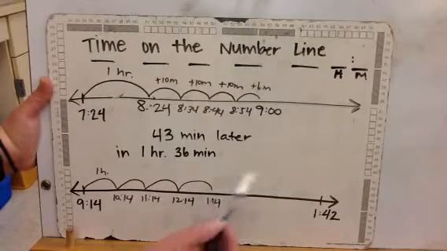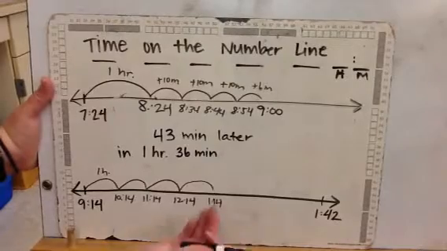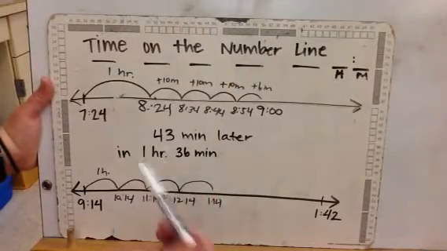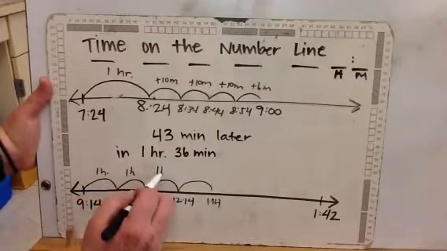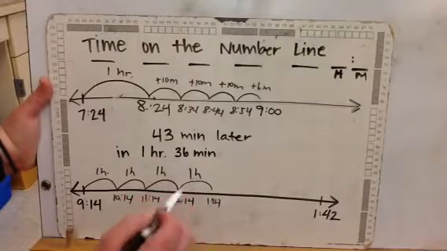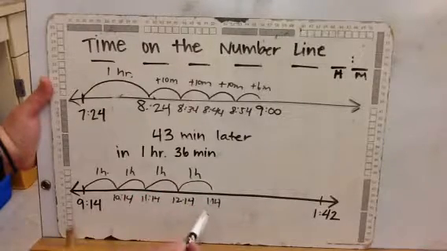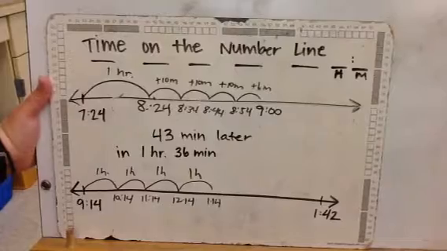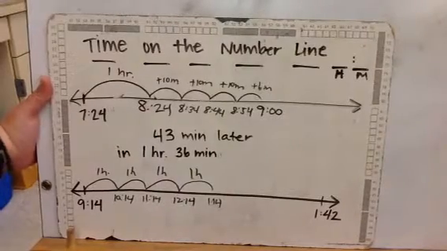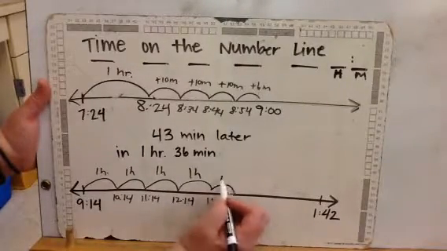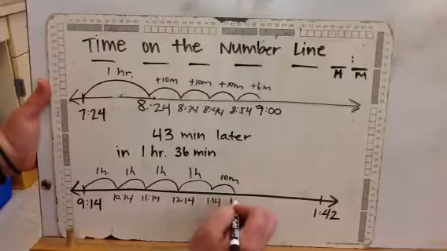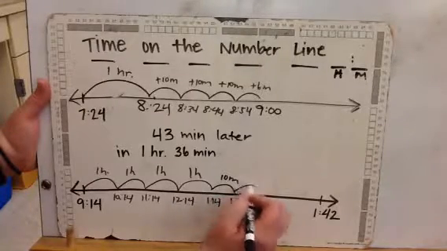And I need to be careful because if I went past this time, I would have to back up and now start doing minutes. So this was 1 hour, 1 hour, 1 hour, 1 hour. So I have 4 hours so far. It's 1:14. Now I need to start hopping by 10 minutes. So here I can do 10 minutes. I'm now at 1:24.